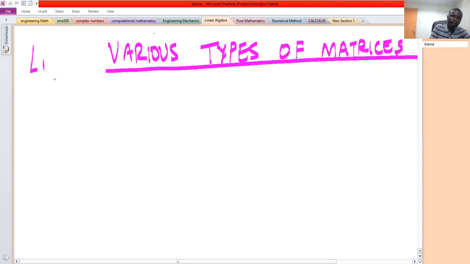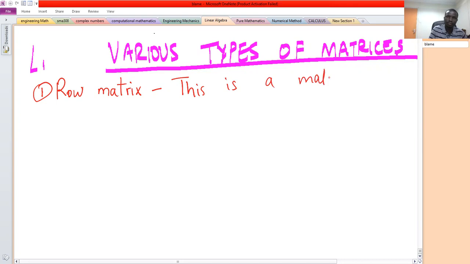So let's start with the first type of matrix, called the row matrix, or sometimes row vector. This is a matrix with only one row and any number of columns.